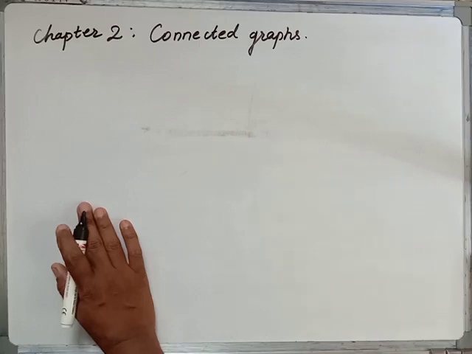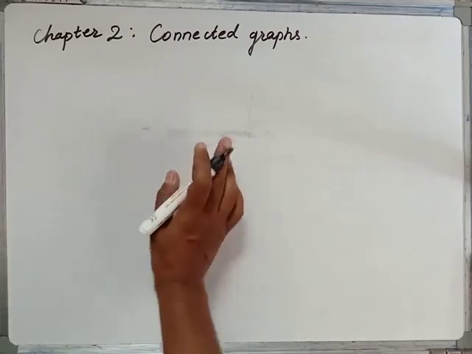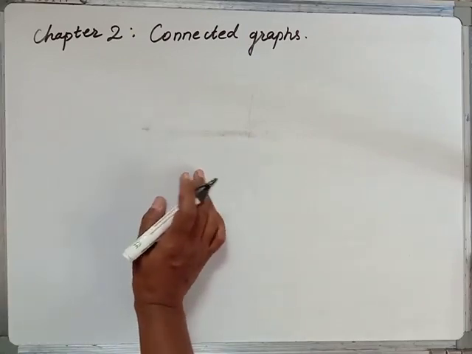In this chapter, we will study concepts like walk, path, cycle, etc., which would help us to understand the definition of connected graph. We also study isthmus and cut vertex and an algorithm to find the shortest path between two vertices.